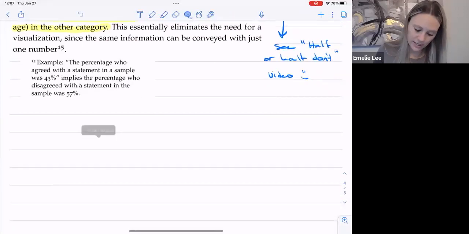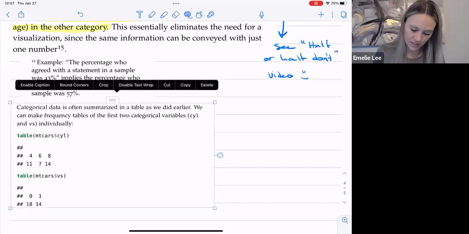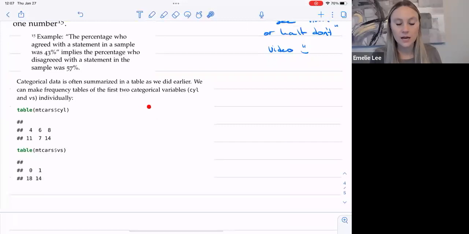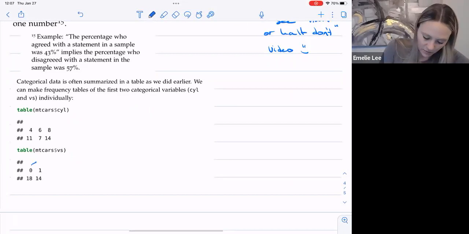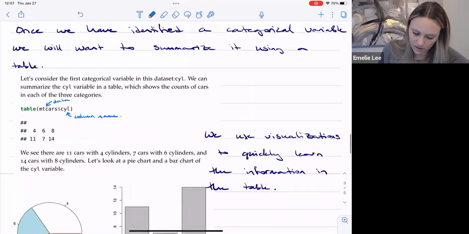So usually we use tables to summarize categorical data, right? And so we can make frequency tables of the other two categorical variables. So the cylinders again, and then the V-shaped engine, which we said, okay, 0 means that it was a straight engine. Let me check.